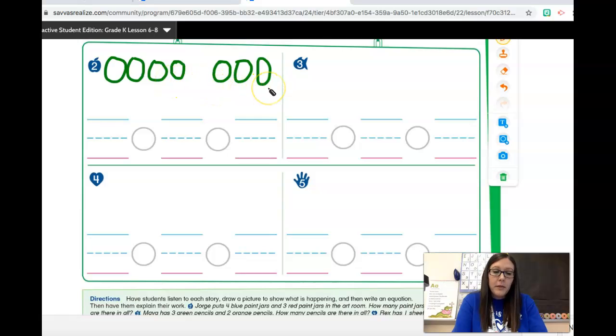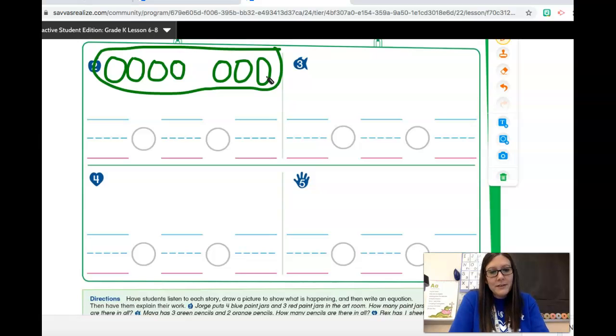In this group, there are 3, because my math story said George put 4 blue paint jars and 3 red paint jars in the art room. How many paint jars are there in all? Well, let's draw a circle around this picture to show that we're going to find the total. Here's 4, 5, 6, 7. There are 7 paint jars in all.